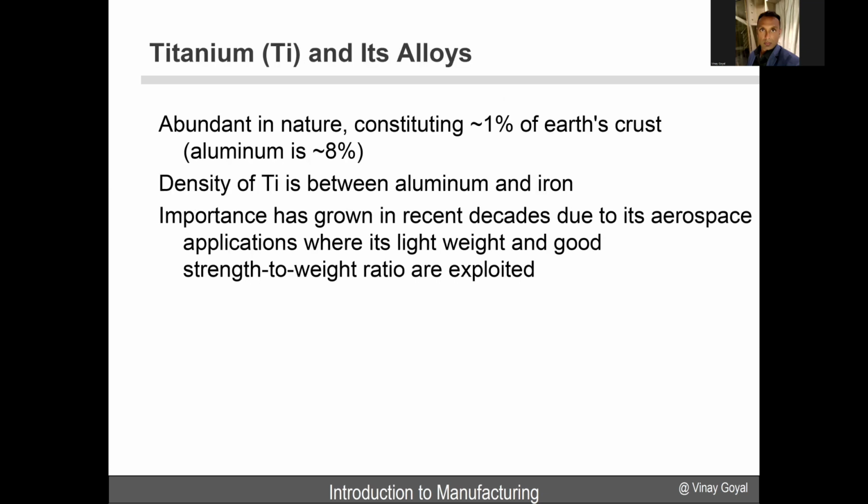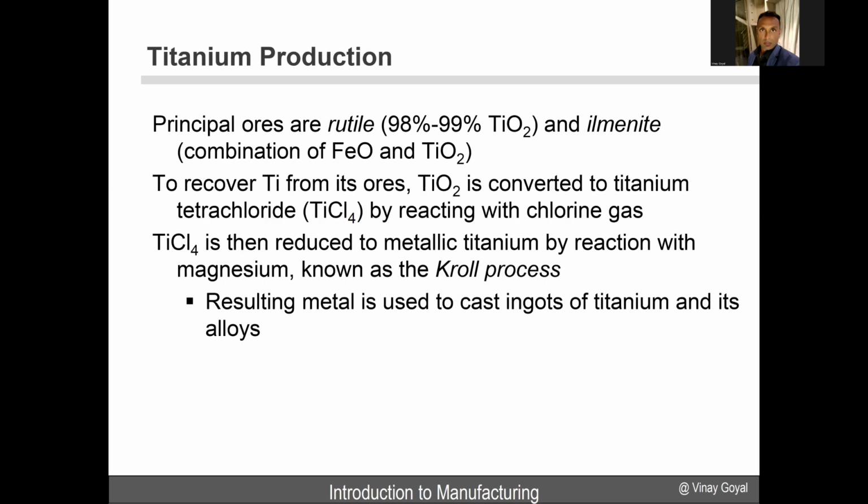Titanium and its alloys, you have an abundance of those. 1% of the earth's crust is titanium, which shows why. Aluminum is about 8%. The density of titanium is between aluminum and iron. And in aerospace applications, it's used quite a bit because it's lightweight and has a great strength to weight ratio that you can exploit. For getting to titanium, you have to start with an ore of rutile, and you can then use ilmenite, which is a combination of the two ingredients here that you see.